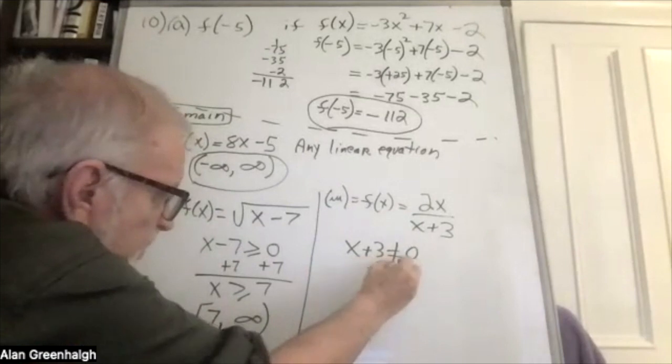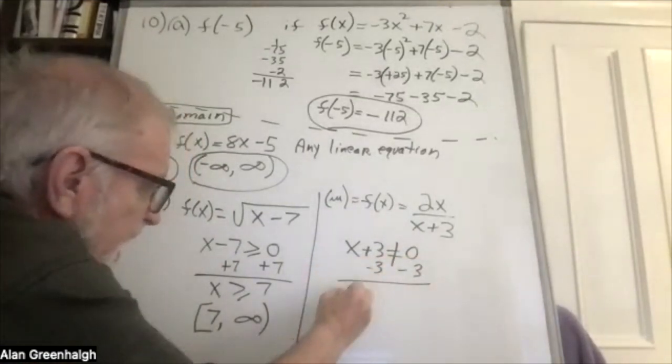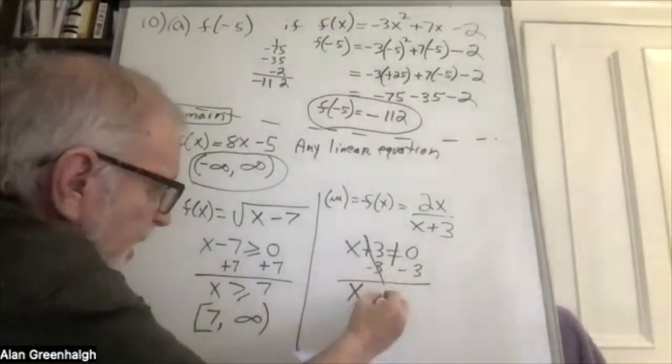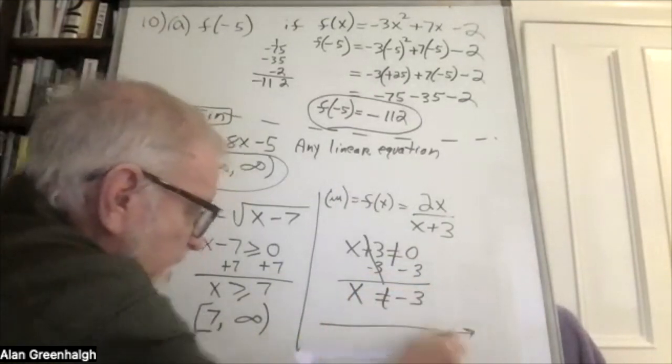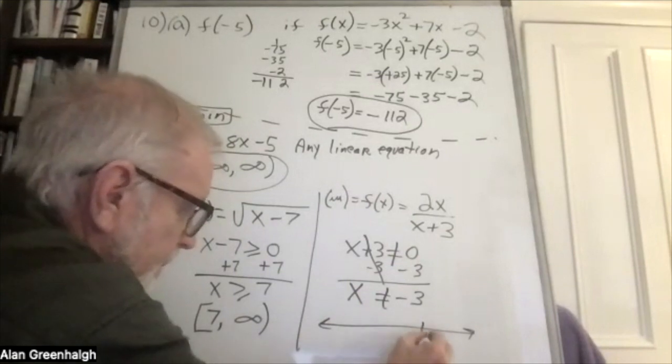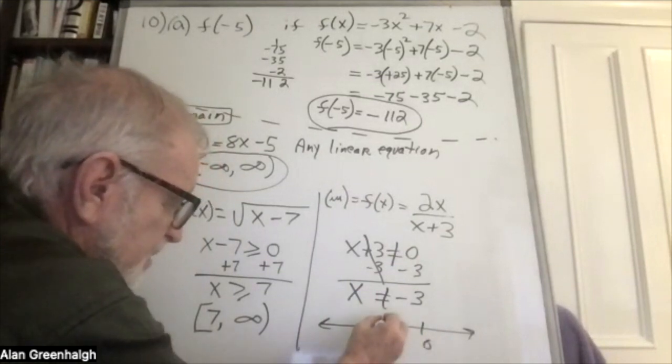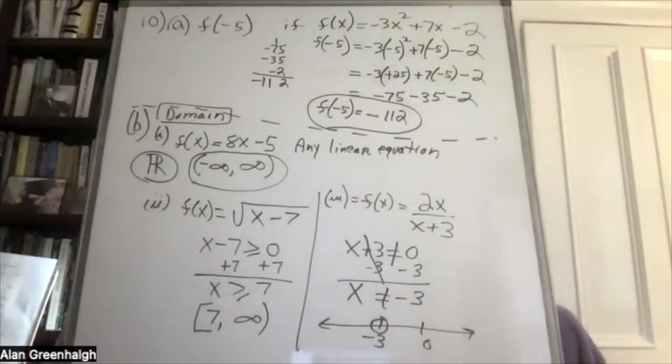Therefore, we solve this, and x cannot equal -3. In other words, on a number line, it's open there because you can't have a -3.